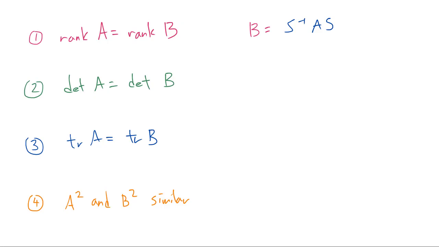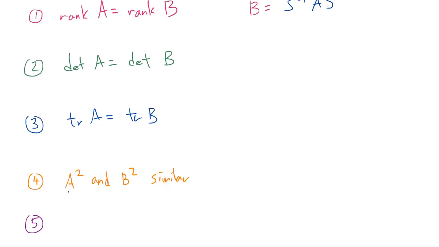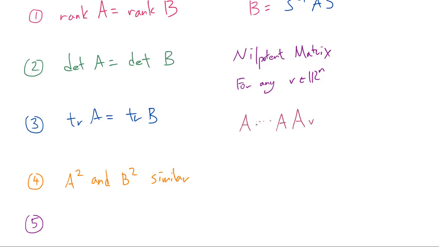But let me just add one more to the list. And for this, I want to just introduce the notion of a nilpotent matrix. And a nilpotent matrix is the one that for any vector V, if we apply A to V enough times, so let's say we apply A to V once, and then maybe we apply A to AV again, and so on, so we are applying a bunch of times, then we are going to get a zero vector.